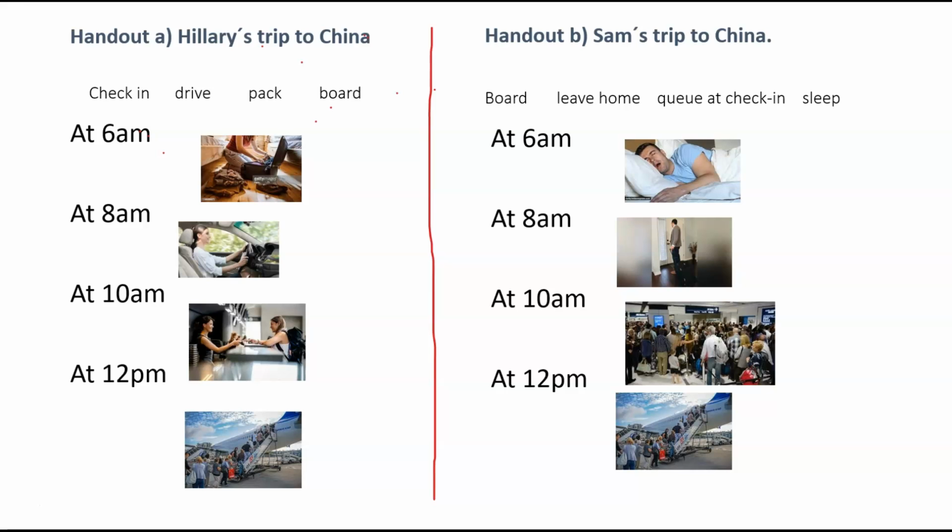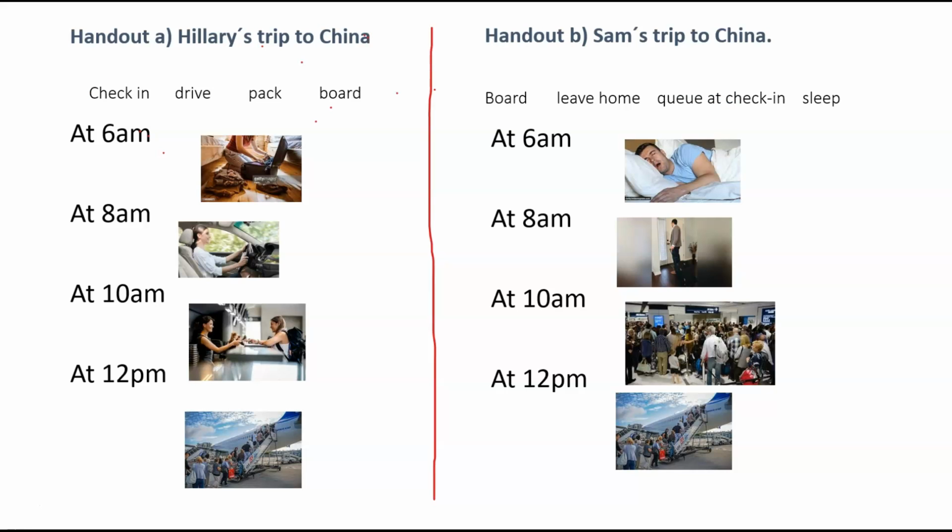I would give half the class a handout with some information, and the other half a handout with different information like this. So we would have a handout A with some information, a handout B with different information.